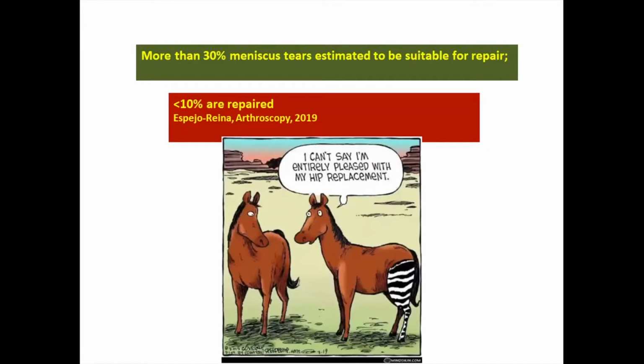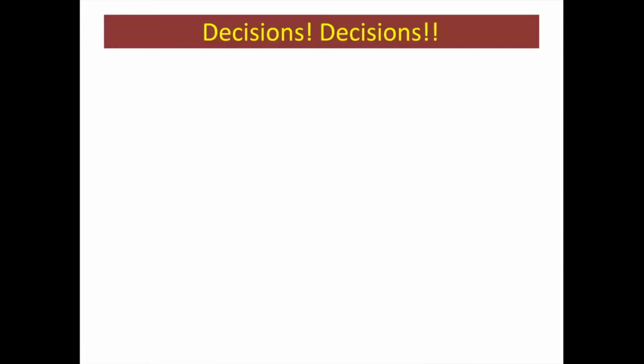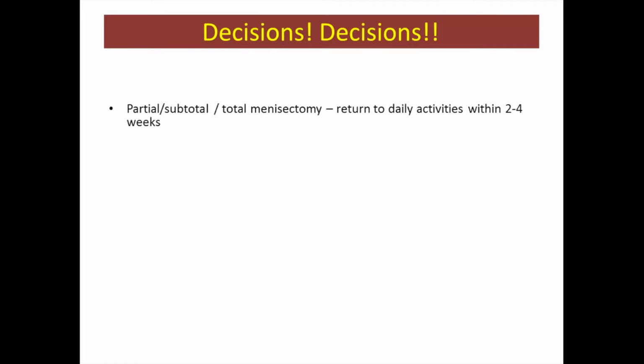Why this mismatch? This might have some reasons behind it. For example, deciding is sometimes difficult while we go inside the joint and see, because it all starts from the patient, the history, the presenting factors, and what we find in the arthroscopy procedure itself.